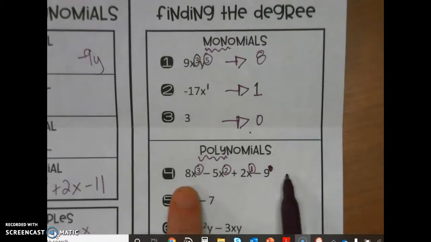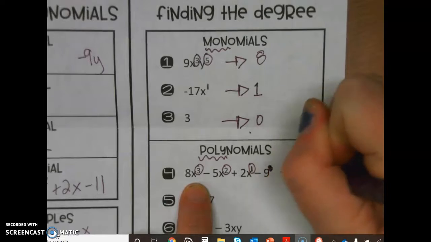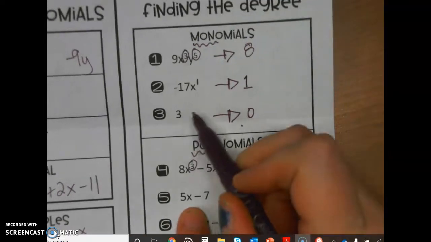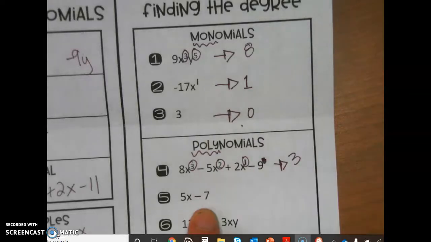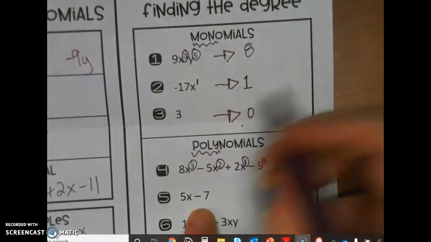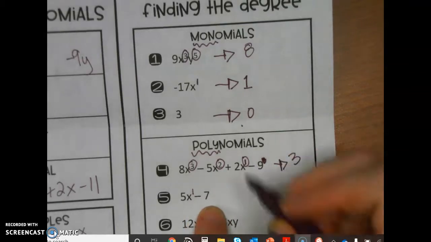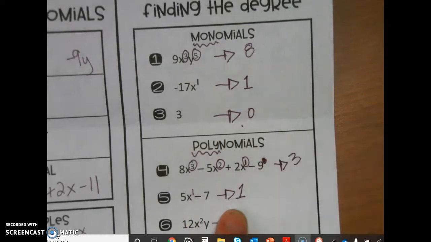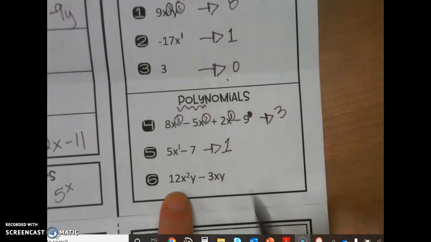I know that's confusing, but what's the biggest number I circled? A 3. How about here? Remember, when it's just an x, there's a 1 there, and that's the degree of the variable. So this has a 1. This has no variable. The highest here is a 1.